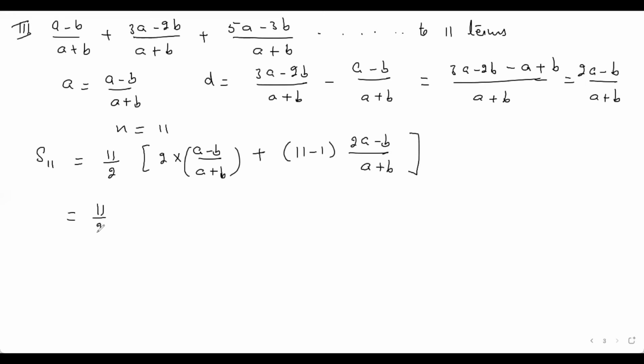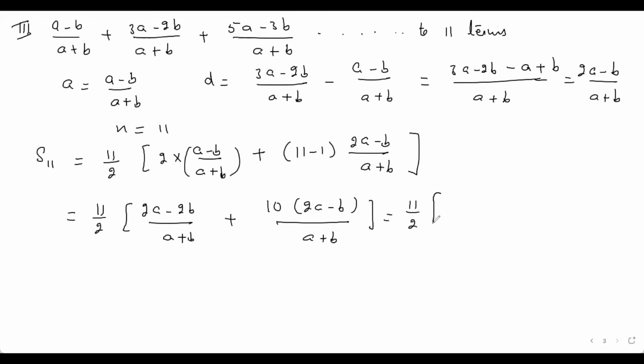That is 11 by 2, (2a minus 2b) upon (a plus b) plus 10 times (2a minus b) upon (a plus b). You take the LCM a plus b, that is 2a minus 2b plus 20a minus 10b.